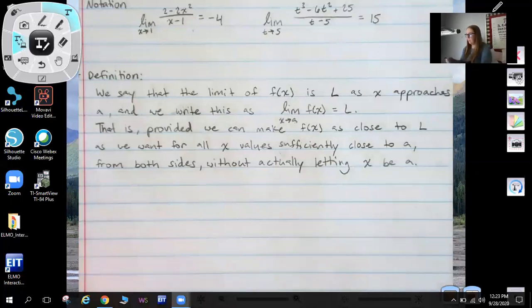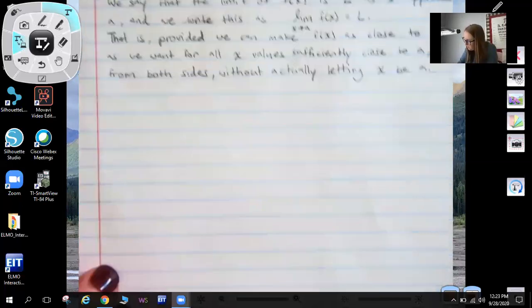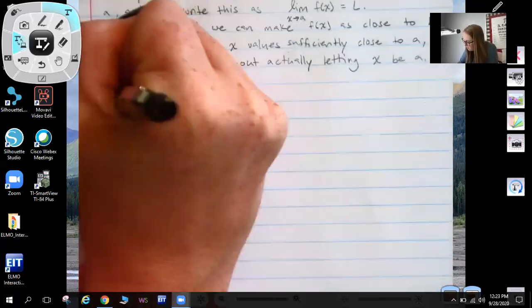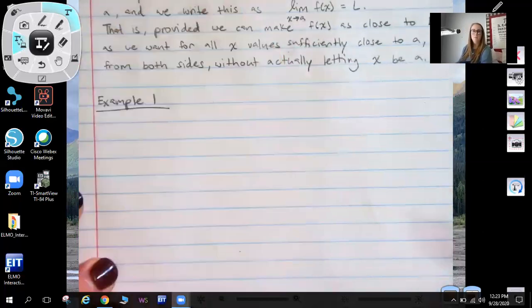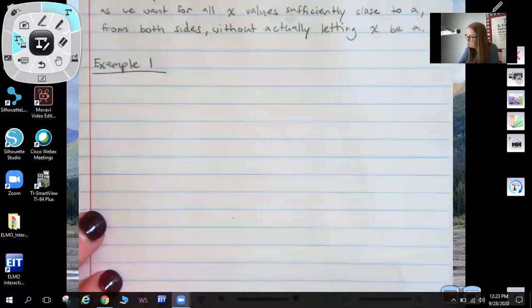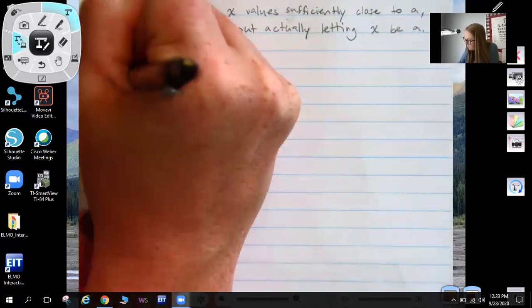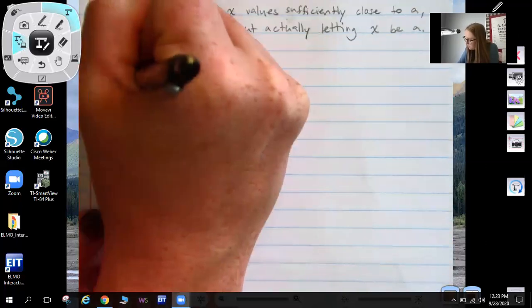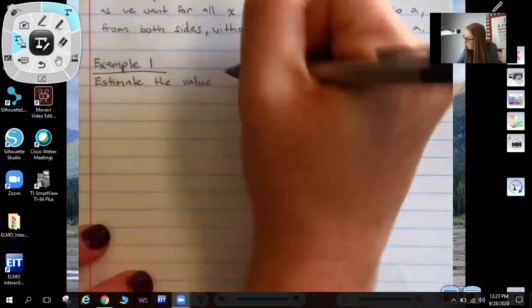Okay, let's go ahead and work an example. Estimate the value of the following limit.